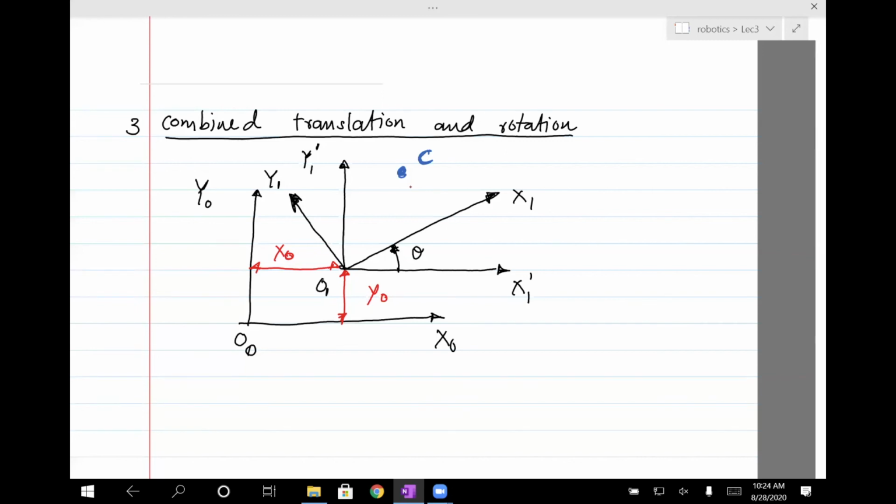Now, one of the advantages of this whole process of writing in terms of a local frame or moving frame 1 is that it's much easier if you can describe the motion of point C with respect to frame 1, because we know how frame 1 is related to frame 0. In all parts of this course, we'll basically be using this. If there's a robot and the robot has, let's say, an arm, and that arm is moving, and we want to describe the motion of a point on that arm, which is this point C, then we can describe that point C with respect to the robot.